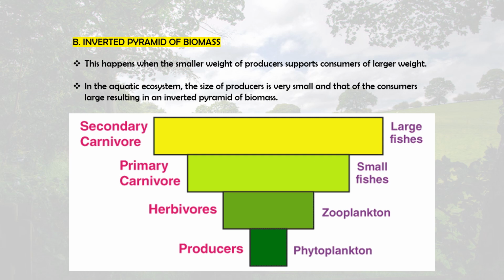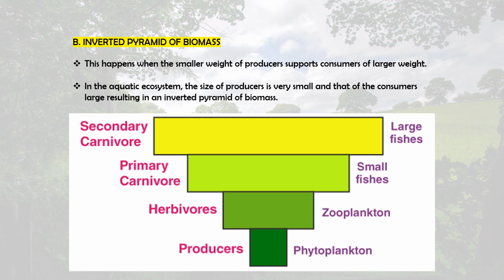And then the weight of the zooplanktons or mollusks in the second trophic level is more than the phytoplanktons. And then the small fishes occupy the third trophic level, which have more weight than zooplanktons and phytoplanktons. And likewise, when we go up the pyramid, we will see that large fishes have the most weight of all.